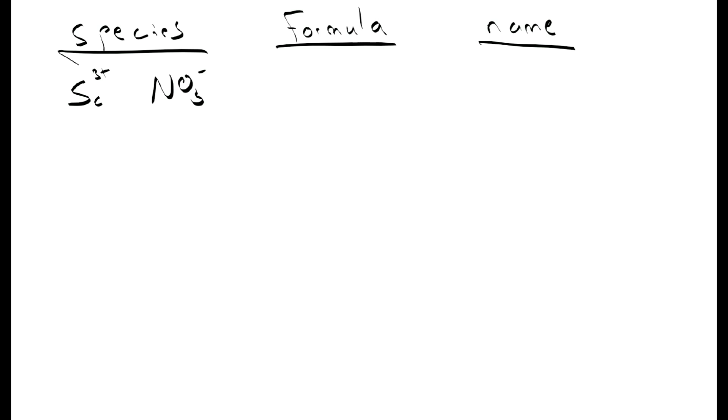So this one is fairly straightforward in terms of balancing it. You just cross the streams, and that gets you the formula of Sc, invisible number 1, NO3 3. Okay, this right here is a parentheses. You put parentheses around polyatomic ions in order to say that there are multiple units of that polyatomic ion in your formula.